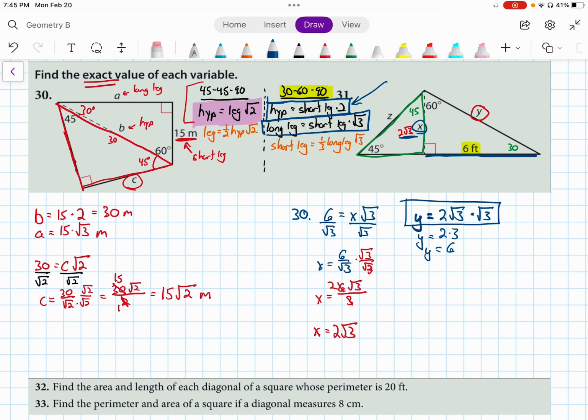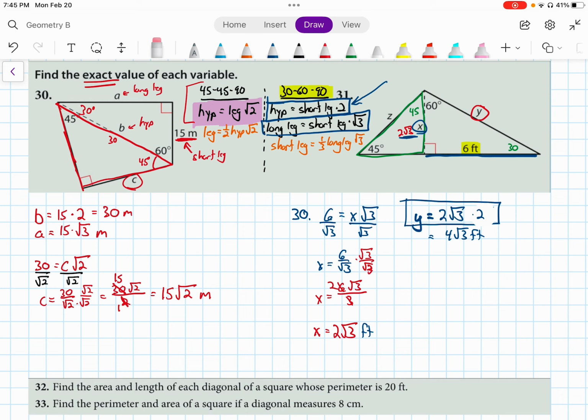I said I was using this formula, but the hypotenuse is the shorter leg times 2. So this was supposed to be a 2. Let's wipe that out and put a 2 there. So times 2, and so that is 4 times the square root of 3. And that is in feet, which means this was in feet. I should be putting my labels.